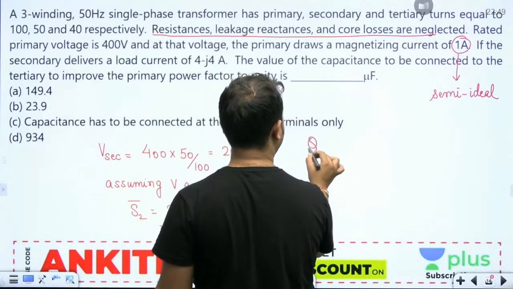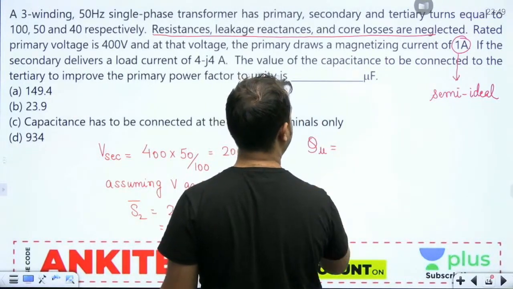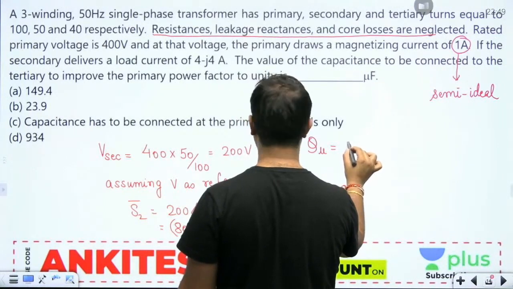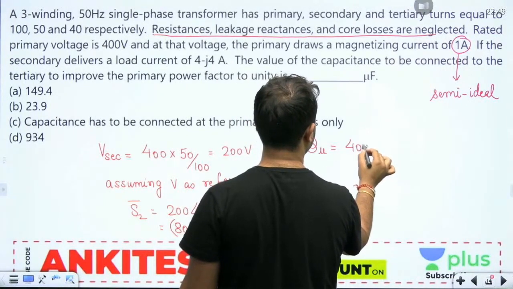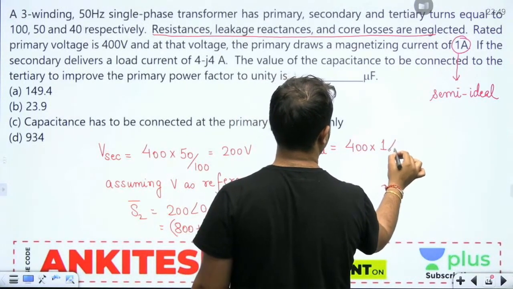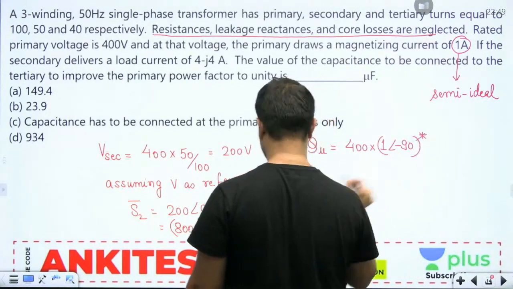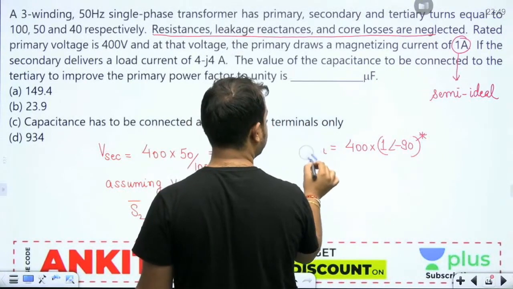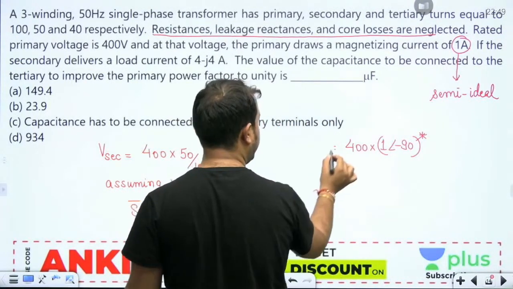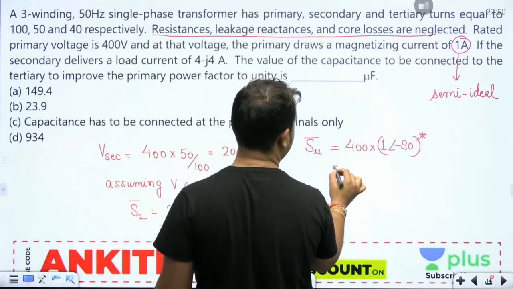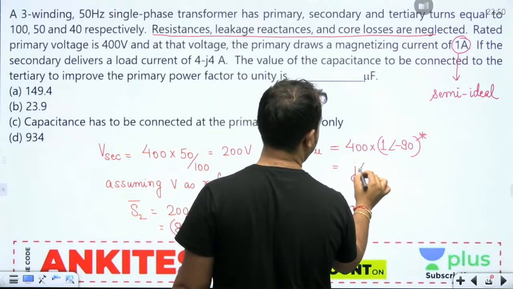What about the reactive power consumed by the magnetizing current? The primary voltage is 400 into the conjugate of 1 angle minus 90. Why am I saying 1 angle minus 90? Because magnetizing current will lag the voltage by 90 degrees.